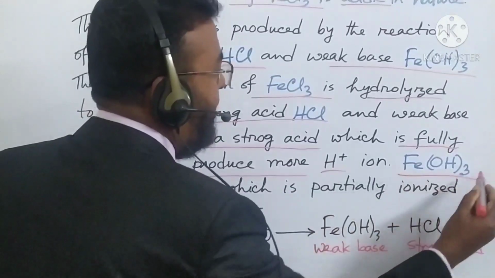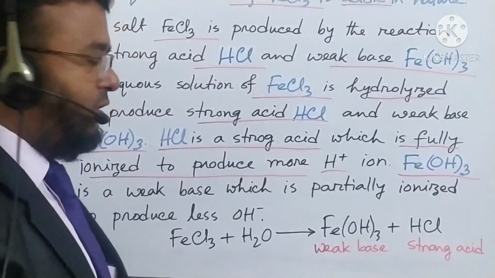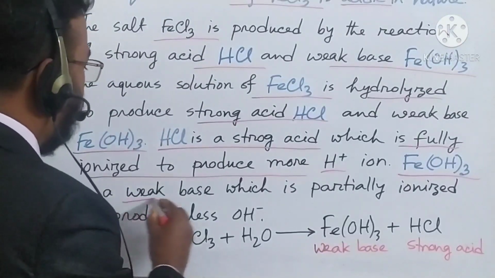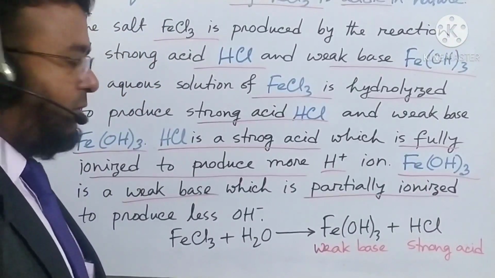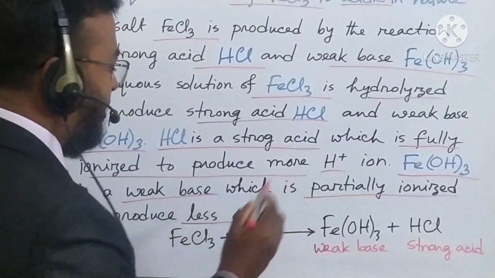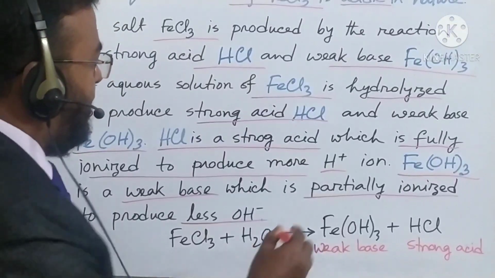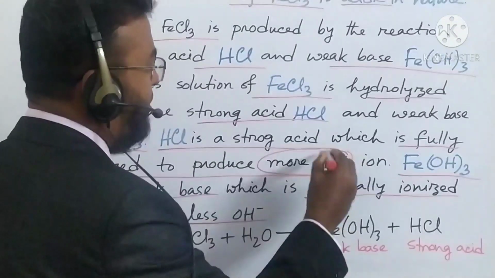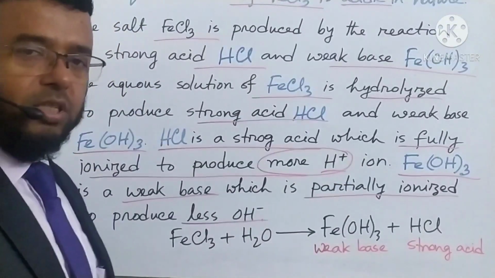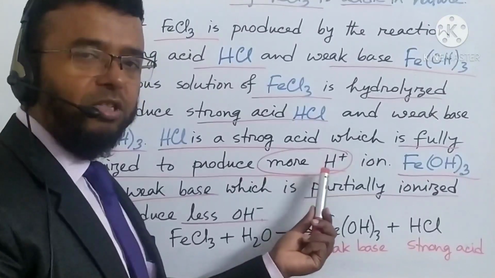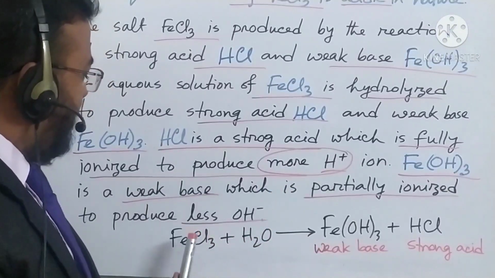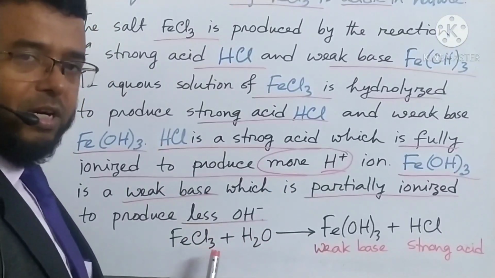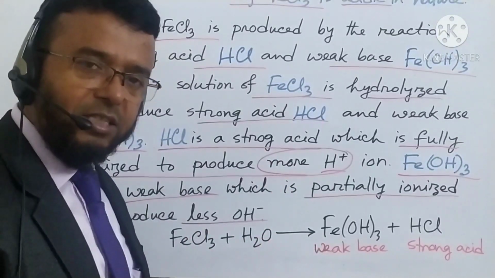But Fe(OH)3, that means ferric hydroxide, is a weak base, which is partially ionized in water and produces a smaller amount of hydroxyl ion. So in the solution, as the hydrogen ion is more, the influence of hydrogen ion is also more. So for this reason the aqueous solution of ferric chloride is acidic in nature.